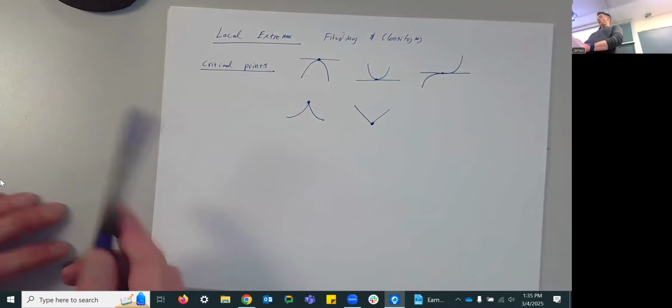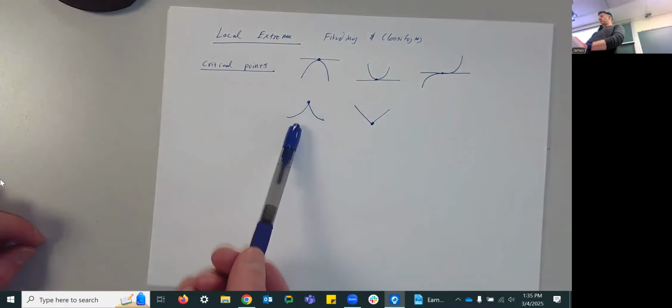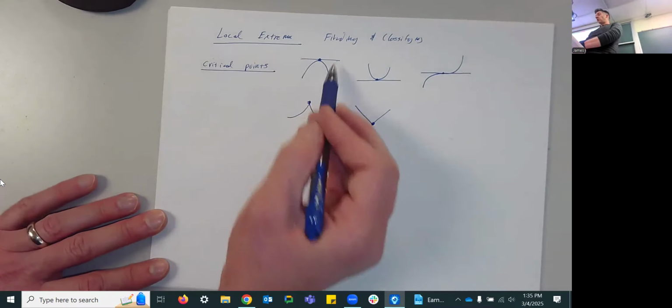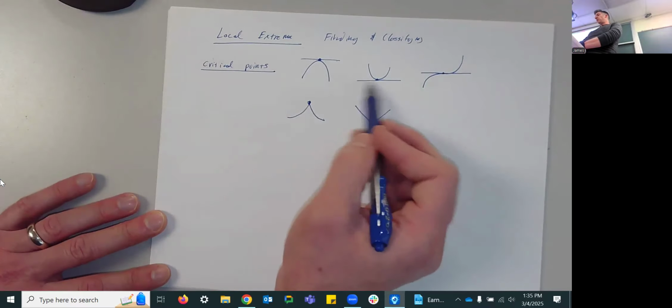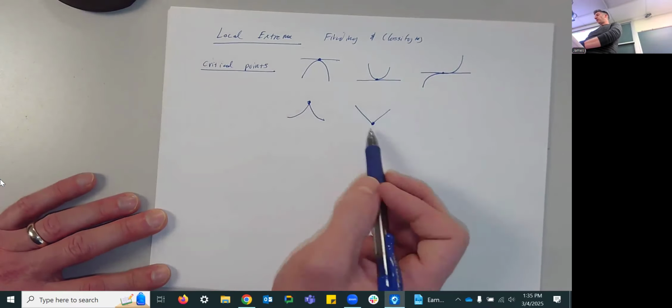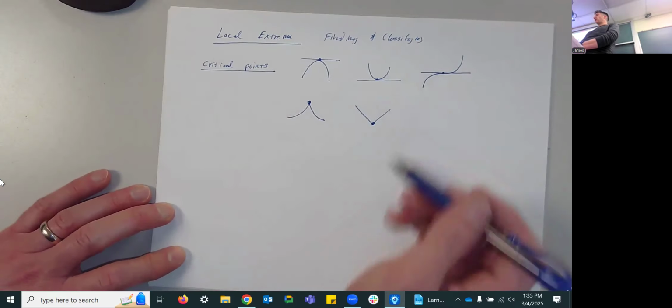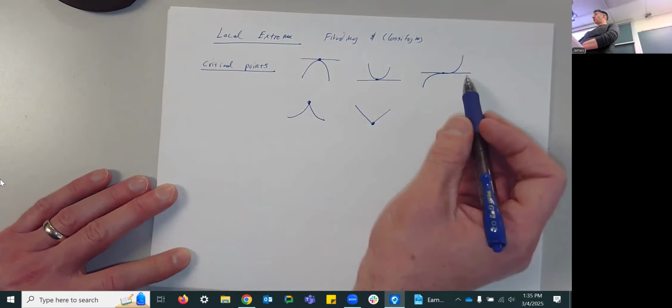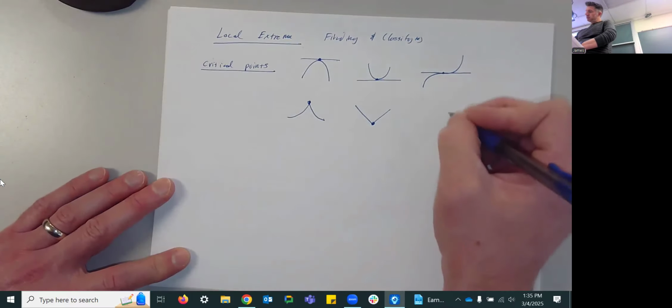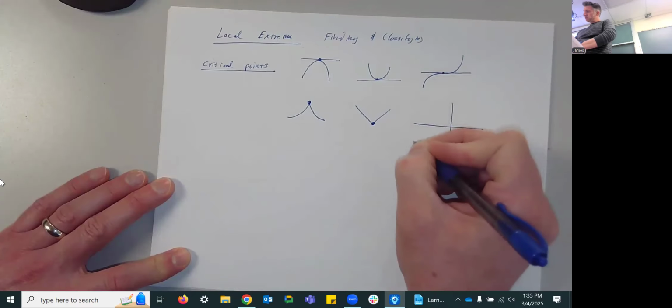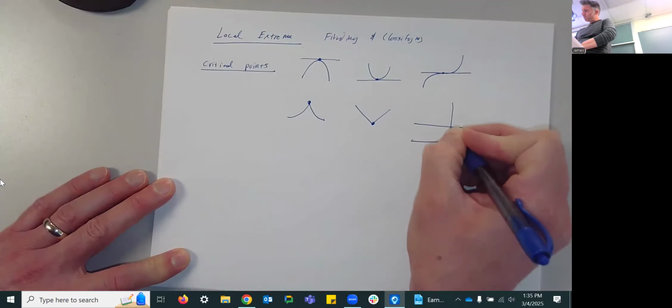So you can get a relative maximum if your derivative is 0 or undefined. You can get a relative minimum if your derivative is 0 or undefined. You can also get neither if your derivative is 0 or undefined.